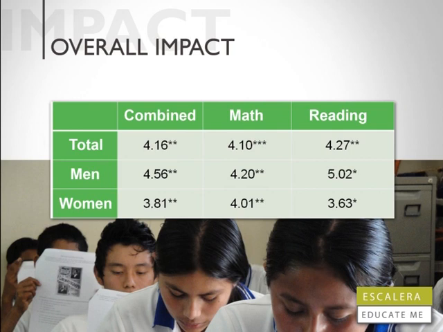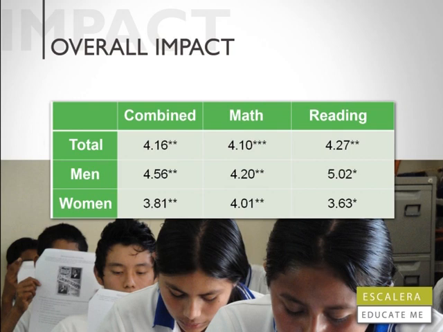The two most important things when reading this table are firstly the size of the treatment effect and secondly the level of significance. The size here you see ranges around about 4 percentage points in terms of impact on test scores, but you also see that there are stars behind every coefficient. This signifies the level of confidence that we have in the particular estimates.